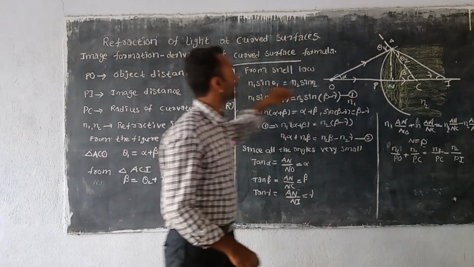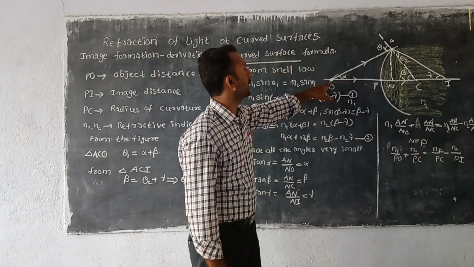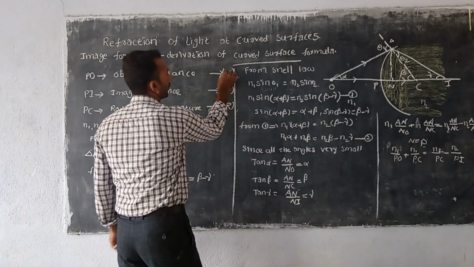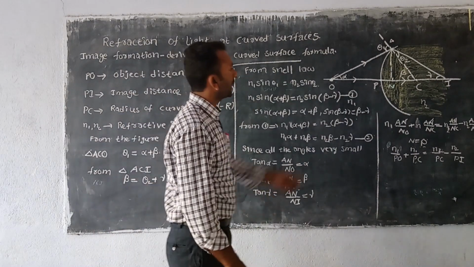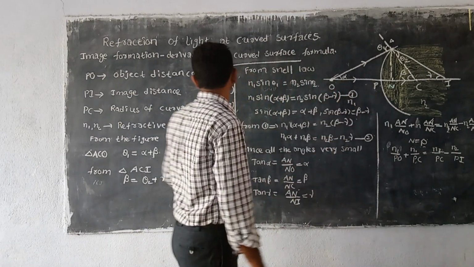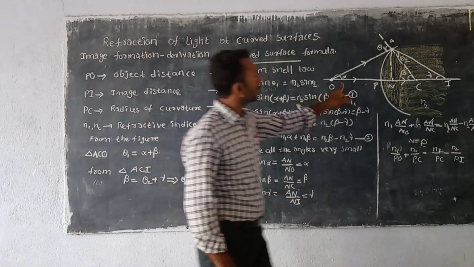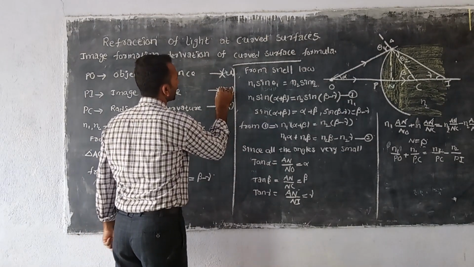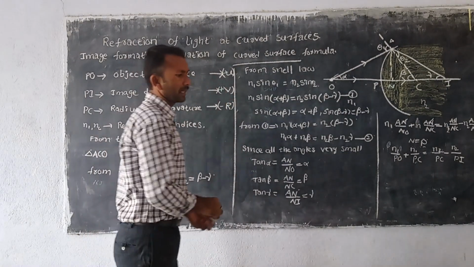Object distance is on this side, and it is taken as negative because it is opposite to the light ray direction. Image distance is in the same direction as the light ray, so it is taken as positive.